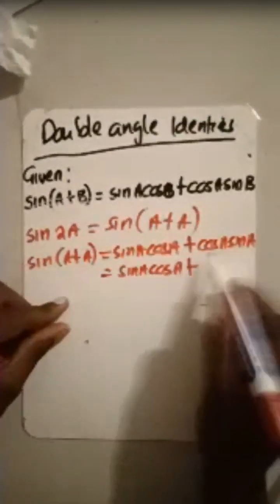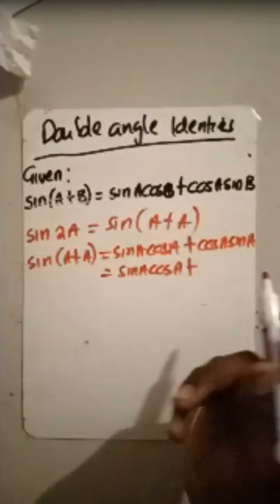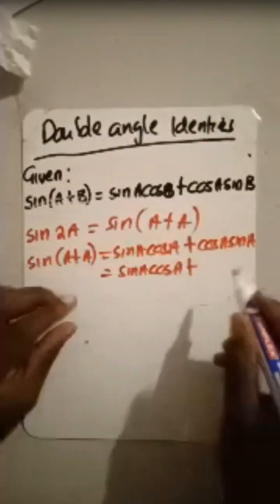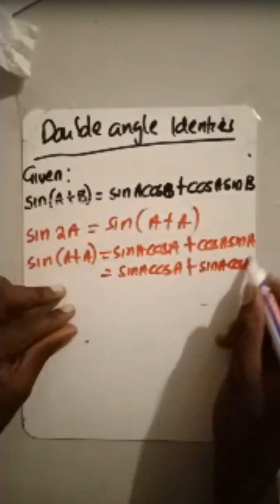Then we use our commutative property. When you are multiplying, order doesn't matter. 2 times 3 is the same as 3 times 2. So this is the same as sine A cos A.